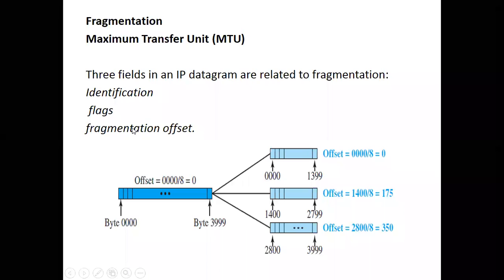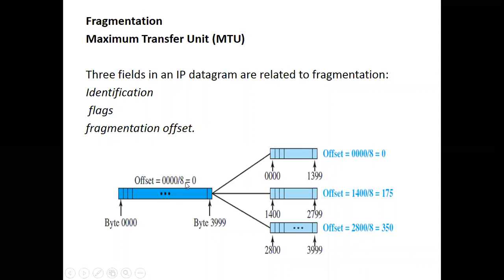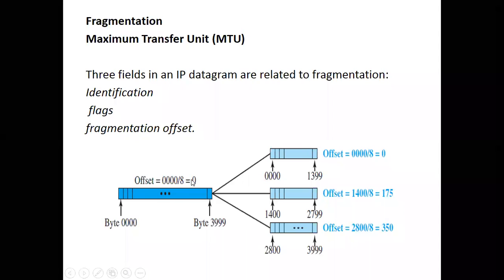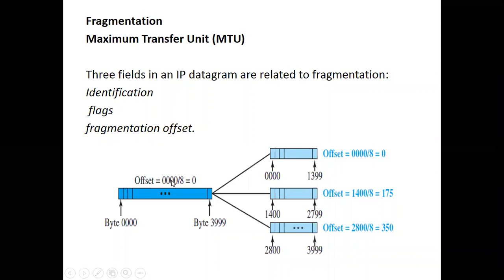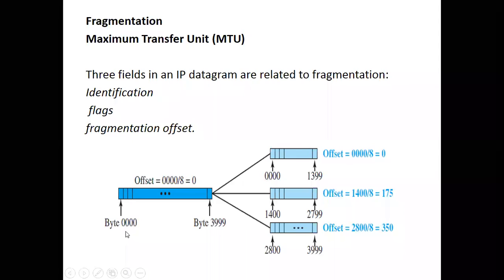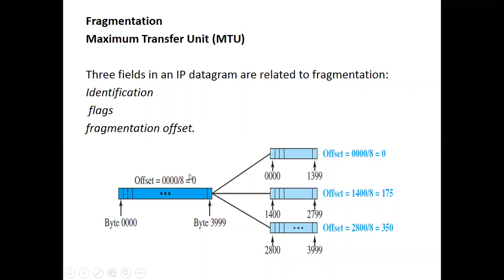Fragmentation offset is a 13-bit value, and it is computed by dividing by 8. How will it be computed? Look at the example. I have one datagram of 4000 bytes. My router does not support transmitting 4000 bytes, so it will break it into 3 parts, called 3 fragments.